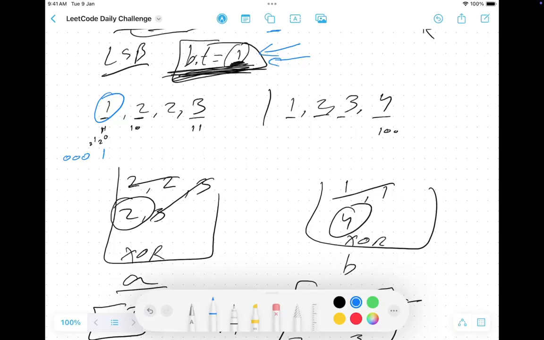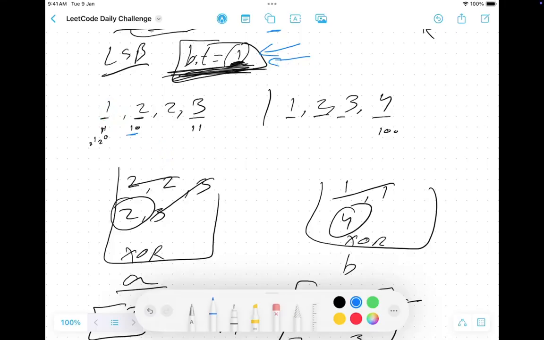Our bit is 1, so we are left shifting 1 bit number of times. So it will look like this. Is it greater than 0? No, it means this bit position is not set.